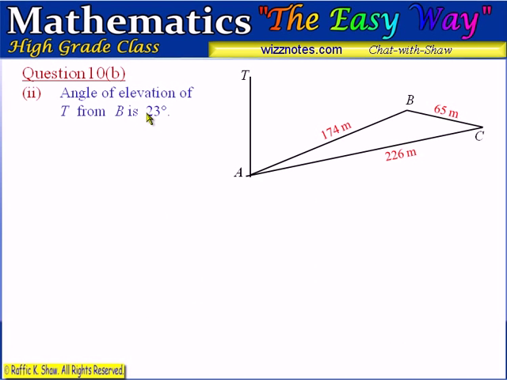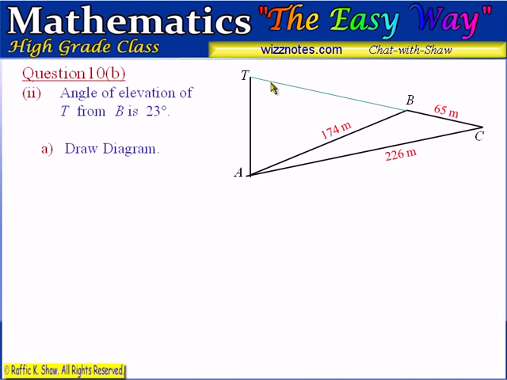Now part 2 tells us that the angle of elevation of T from B is 23 degrees. That's the angle of elevation from B to T is 23 degrees. And the angle of elevation is the angle above the horizontal when looking upwards. And we are required firstly to show that angle of elevation on the diagram.